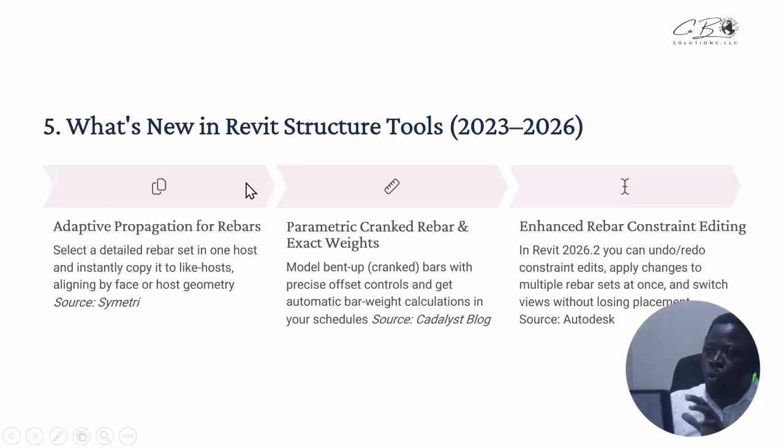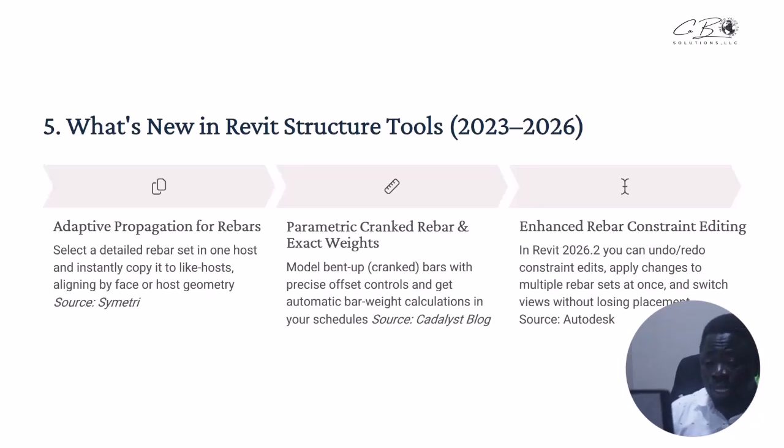Here, if one isolated footing is detailed, you can pick your propagation tool, select that one, and like match property, select all the footings, and it will fill them with rebars straight away, automatically, just like you do match property. You pick one and then you just select.